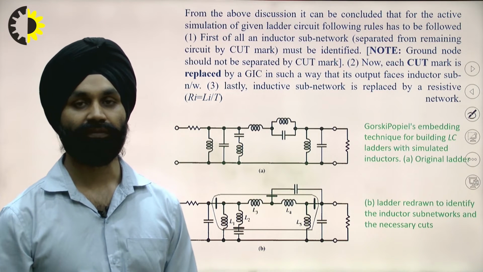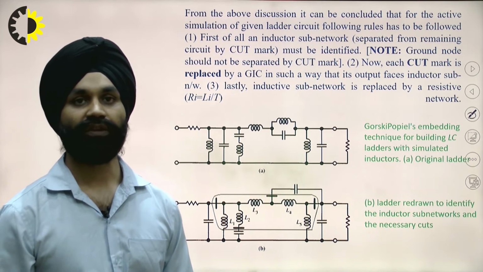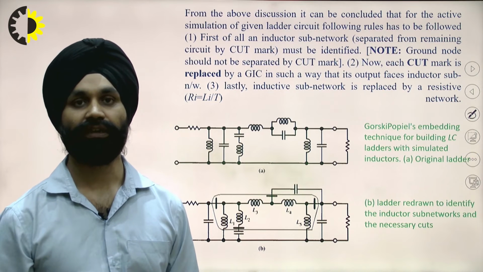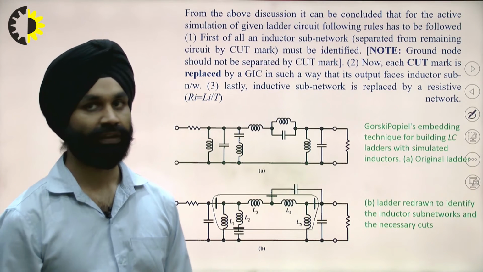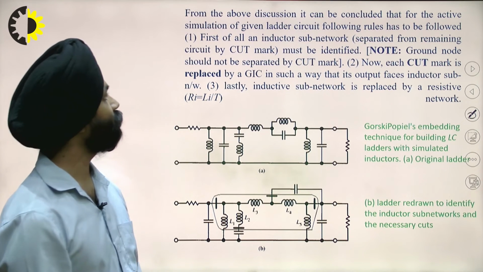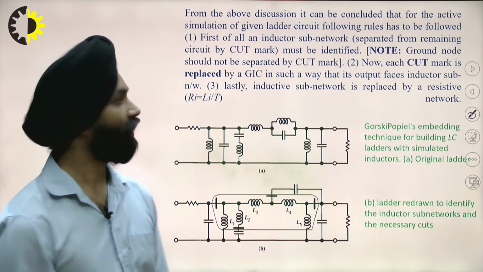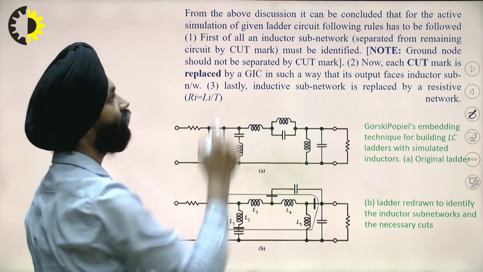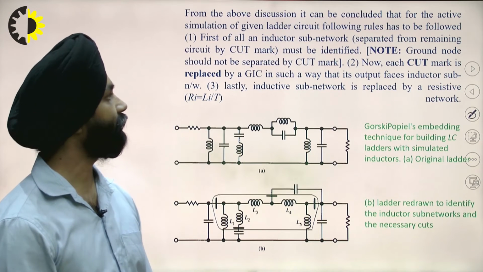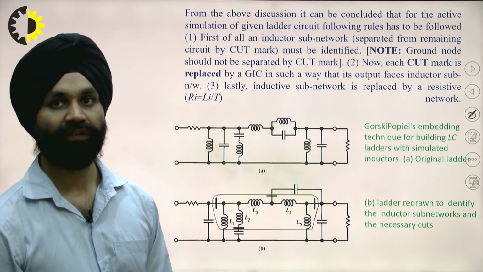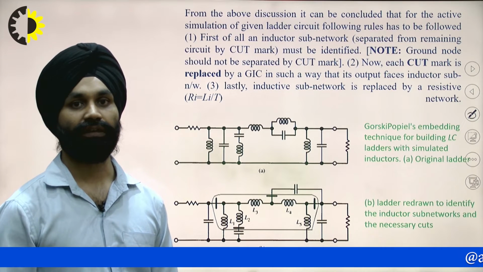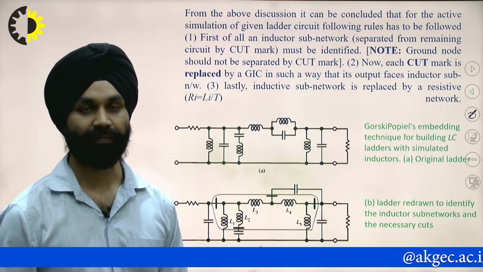Similarly, we can conclude that for the active simulation of the given ladder circuit, the following rules have to be followed. First one is that all inductor subnetworks which are separated from the different networks by using cuts.